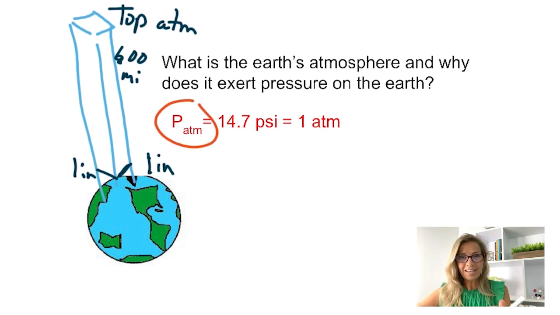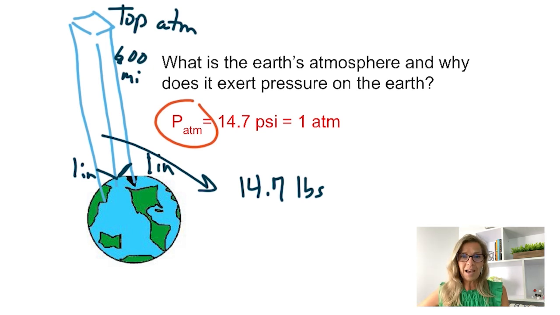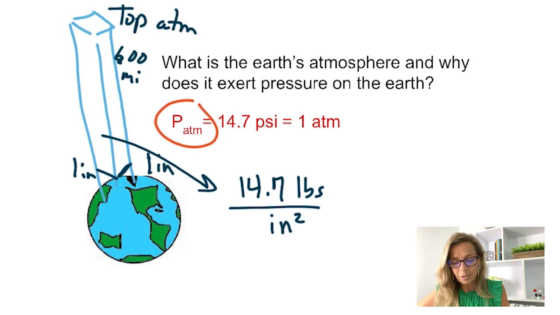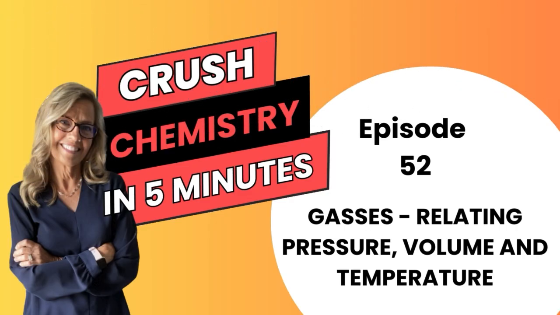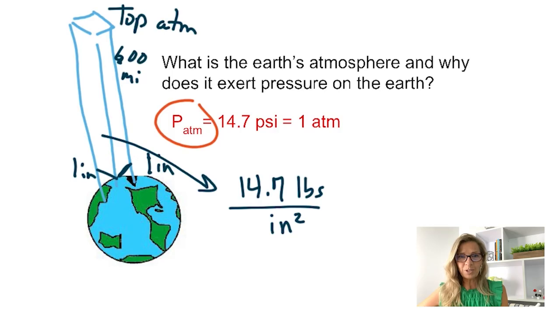Guess how much that 1 square inch times 600 miles weighs? Well, that is 14.7 pounds. That column of air to the top of the atmosphere would be 14.7 pounds, and that is per square inch. Every square inch on the earth experiences that pressure.